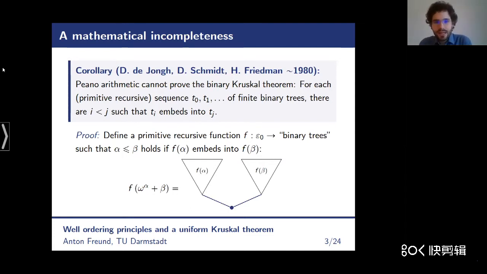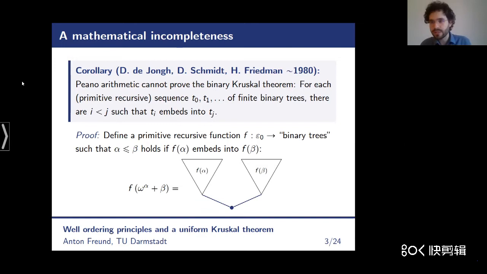Namely, Peano arithmetic cannot prove the binary Kruskal theorem. So what do I mean by this? Well, Kruskal's theorem is a theorem from combinatorics, and it says that whenever you have an infinite sequence of finite trees, T0, T1, and so on, then you can find a smaller index i such that the tree Ti in this sequence embeds into the tree Tj that comes later in the sequence because it has a larger index j.